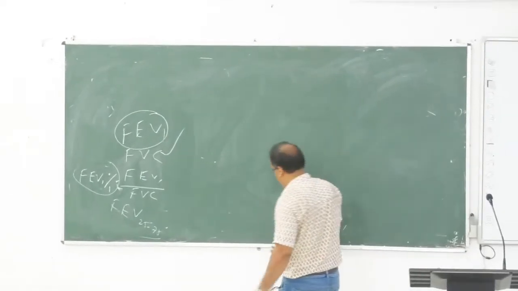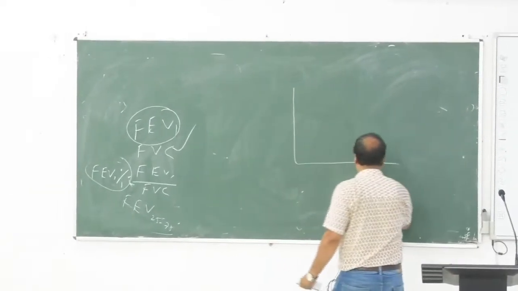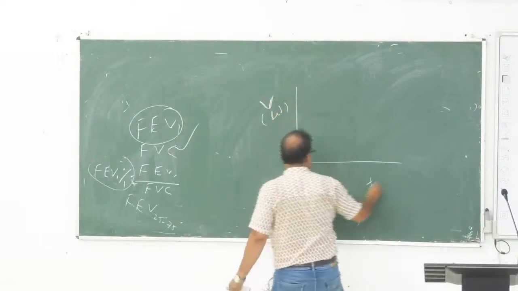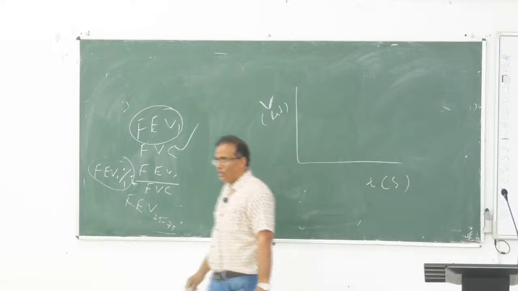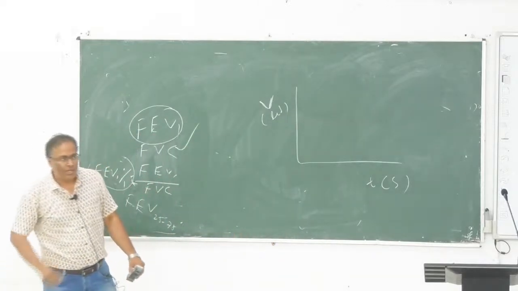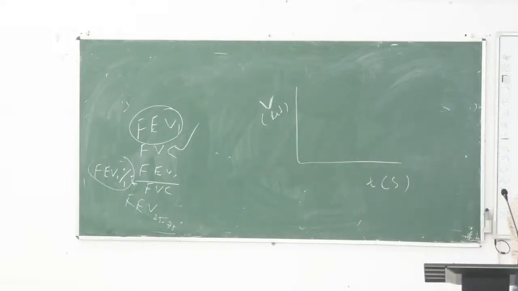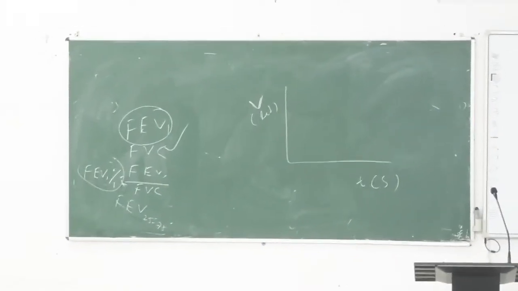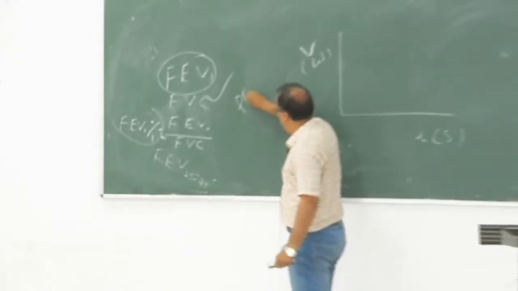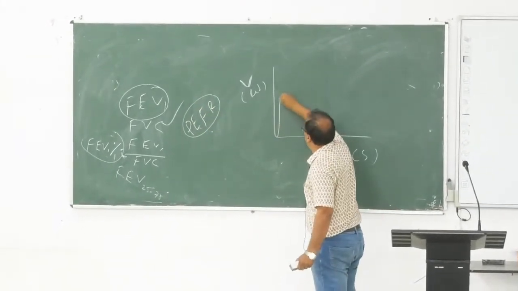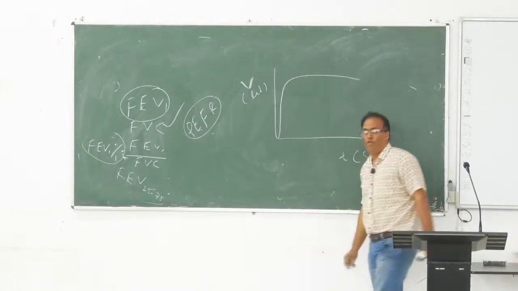Volume time curve: volume and time, where time is in seconds. Keep the expected flow rate. It means the area under the curve. This is called the volume time curve.